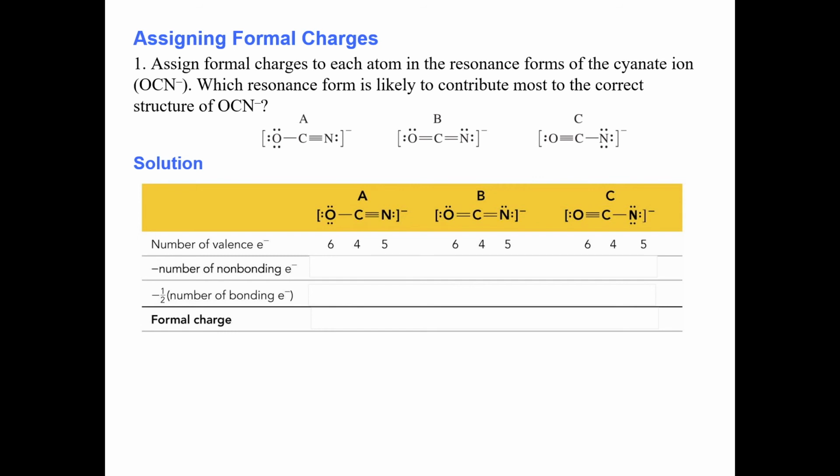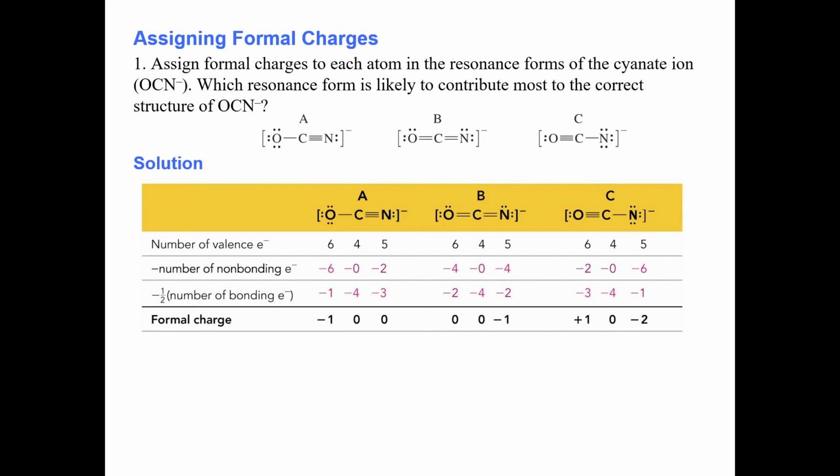So we got to count the dots that are around each atom. And here they are. Next, we have to count the number of bonding electrons and then divide that by 2. So here are those values. When we do our math, here are the formal charges for each of the atoms in each resonance structure.